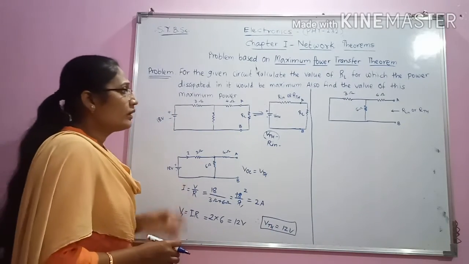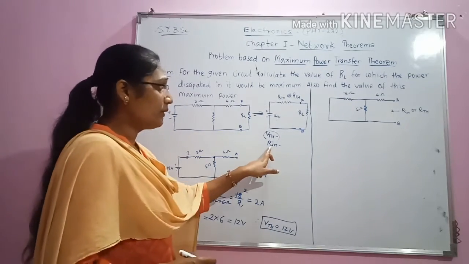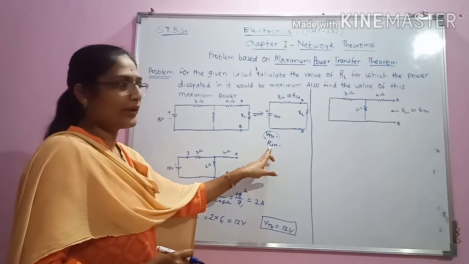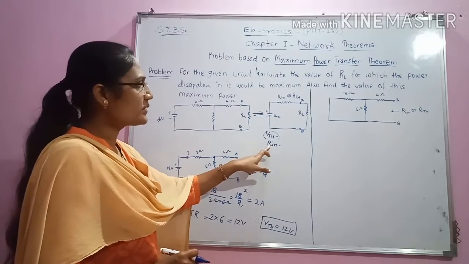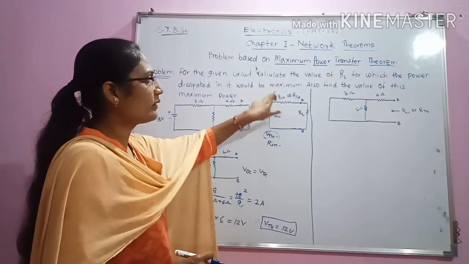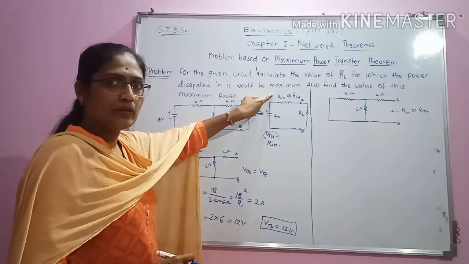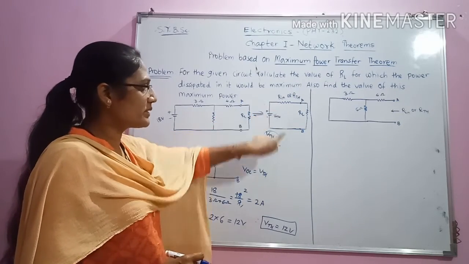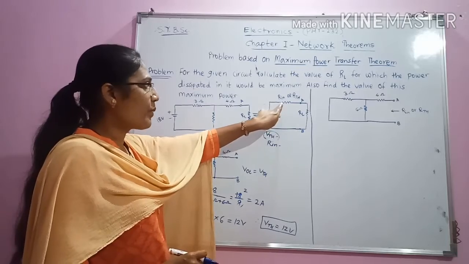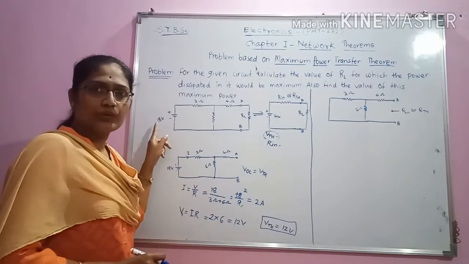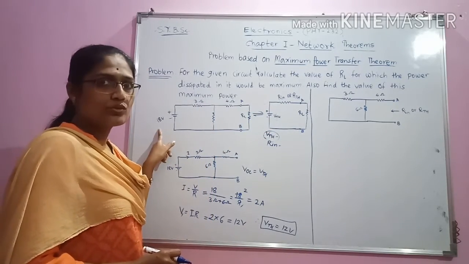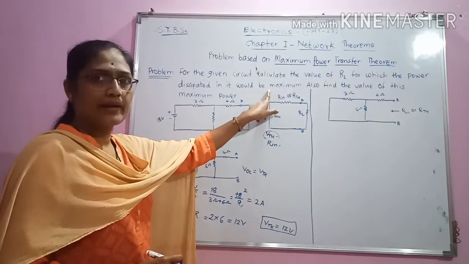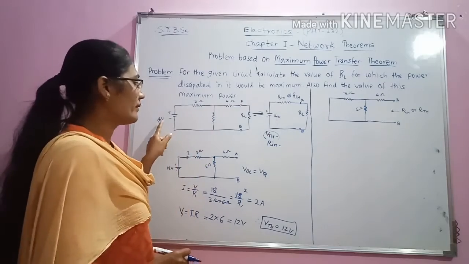Now, we have to calculate the equivalent resistance. How to get the equivalent resistance in Thevenin's equivalent circuit? The Thevenin's equivalent resistance can be found by replacing the voltage source by its internal resistance.